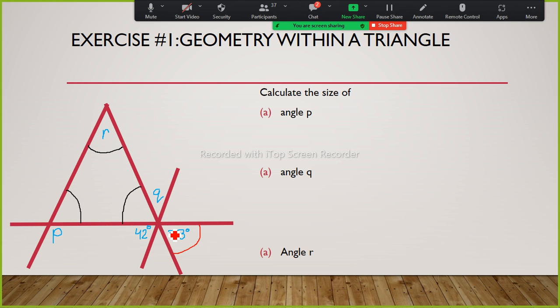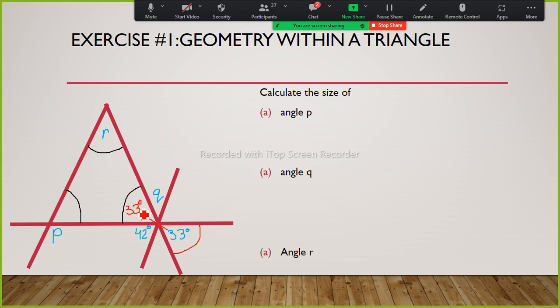It's the same thing as 33. Okay, so they're vertically opposite. So this is 33, right? You understand that this is 33? Yes, sir. Because it's vertically opposite to this angle, right?